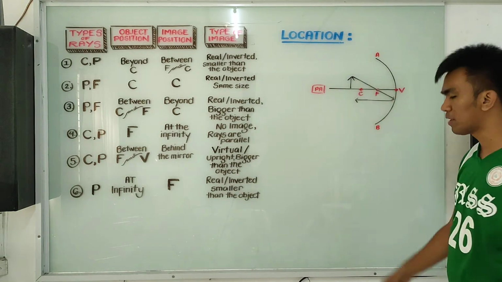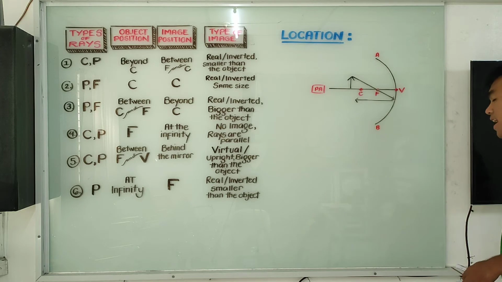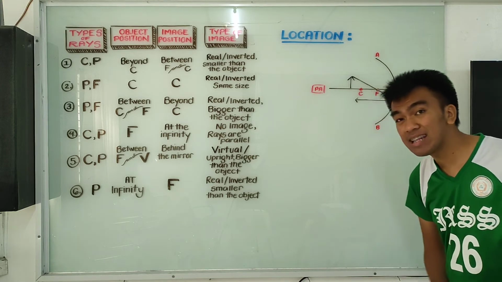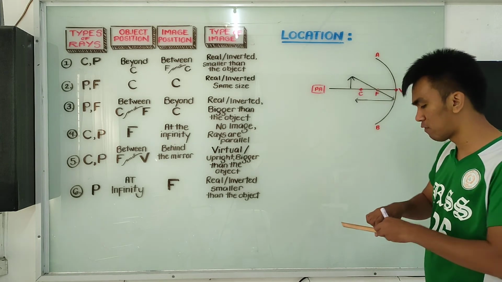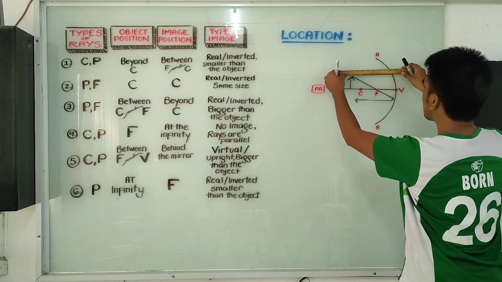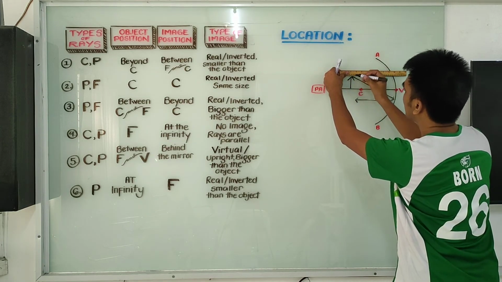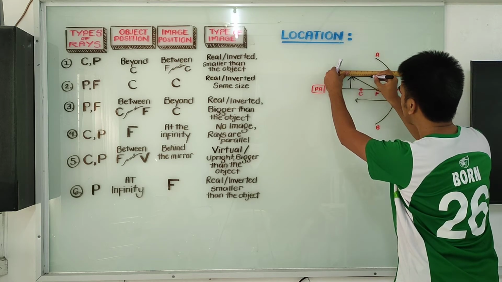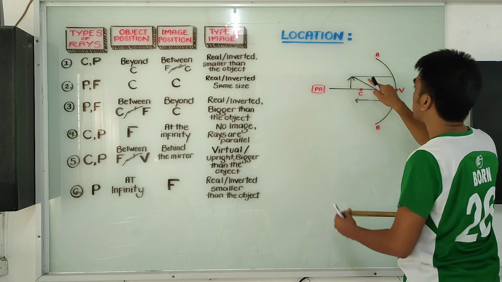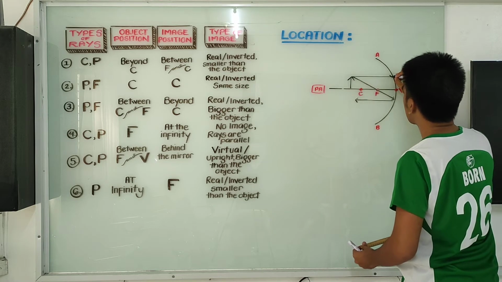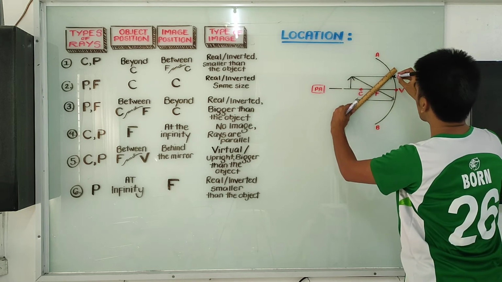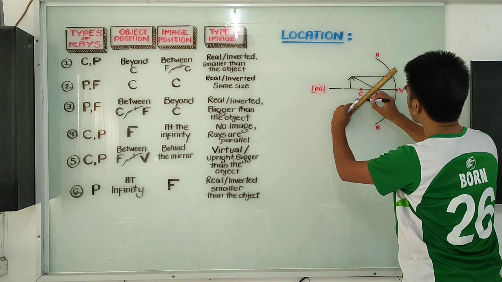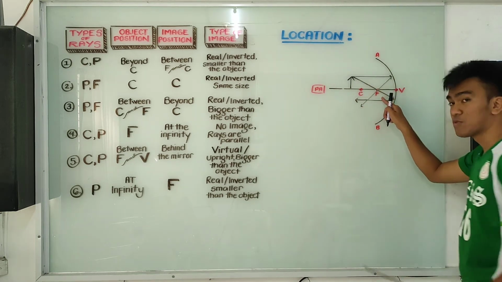The second rule states that any ray parallel to the principal axis will reflect through the focus. So if the incident ray, or if this ray, is parallel to the principal axis, the reflected ray will pass through the focus.